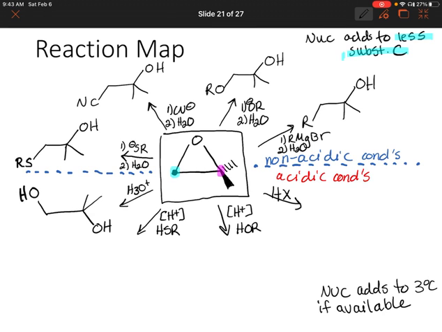So this one is a little hard to tell where we added the group, so let's look at our next one. So again, we're under acidic conditions, so that acid is going to protonate the oxygen first, and then SRH will come in and eventually will deprotonate the sulfur group.